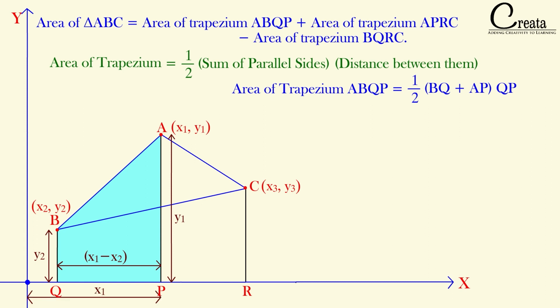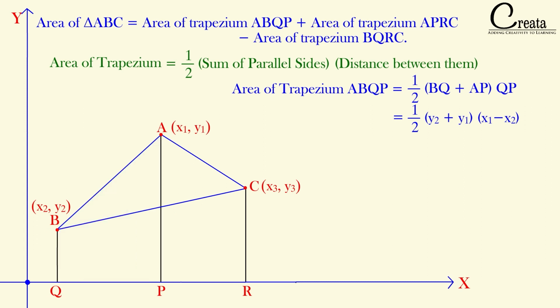This complete length is x1 and this is x2. So can we write QP is equal to x1 minus x2? The same fundamental that we have used in our previous lectures. With the help of the coordinates of the points on the x-axis and y-axis, we have got this equation. So we got area of trapezium ABQP is equal to half into y2 plus y1 into x1 minus x2.